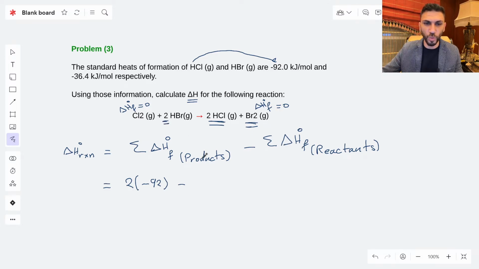Also, we have 2 moles, so I'm going to multiply it by 2, and it's going to be negative 36.4, and delta H for this reaction will equal to negative 111.2 kilojoules.